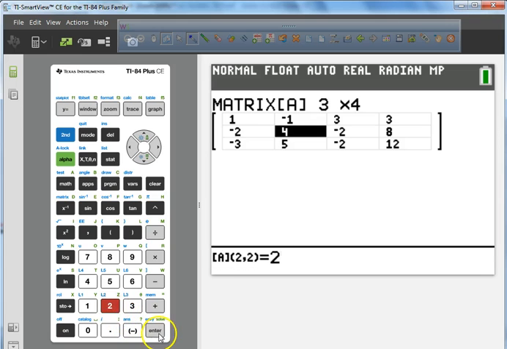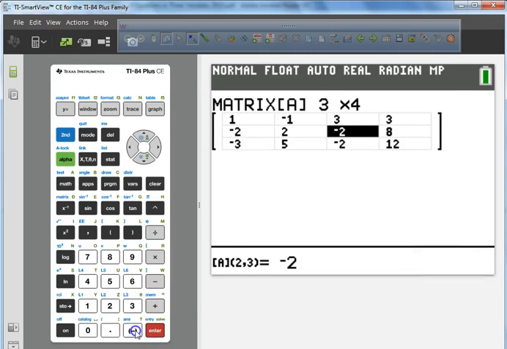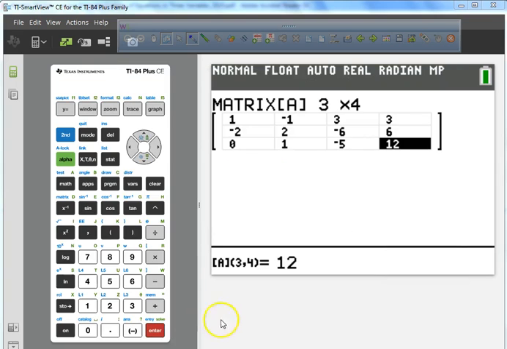And then our third row, we actually had 0 X's, so we had to type in a 0. Do we still have 1 Y? And then was it -5 Z's? And then -3? Okay. So there we go.